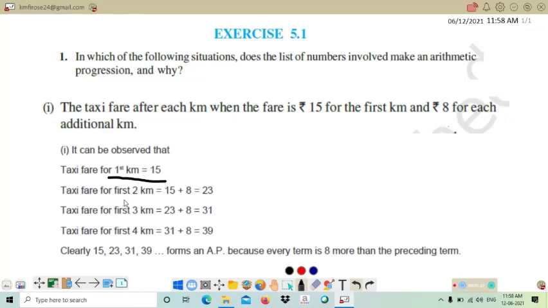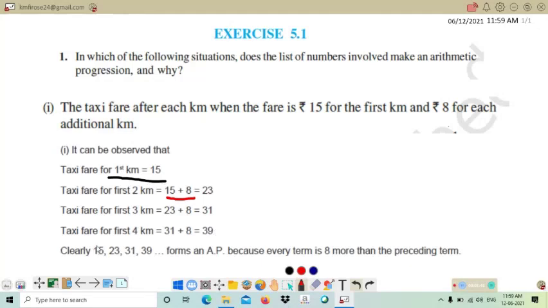Now the taxi fare for the second kilometer: 15 plus 8, adding another kilometer, is 23 rupees. The fare for the third kilometer is 23 plus 8, which is 31. And the fare for the fourth kilometer is 31 plus 8, equal to 39.